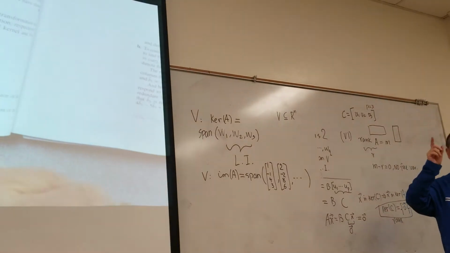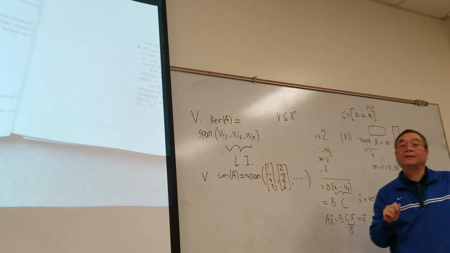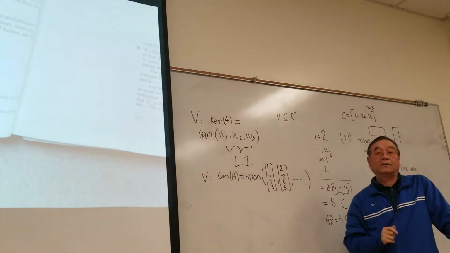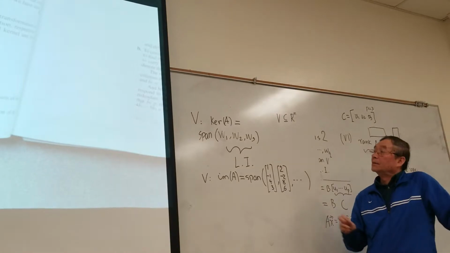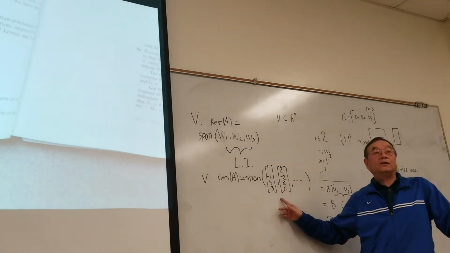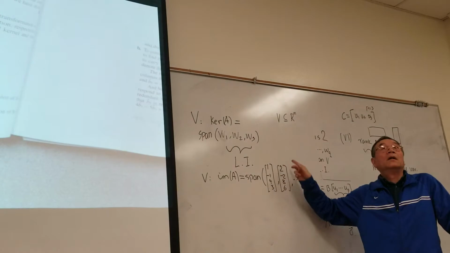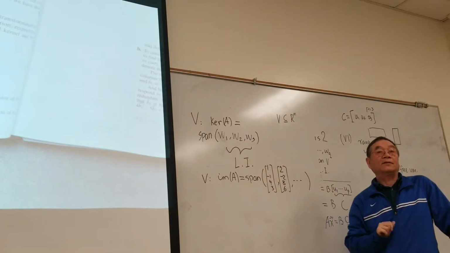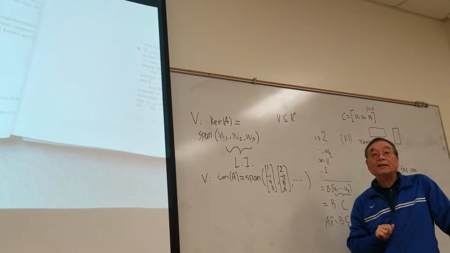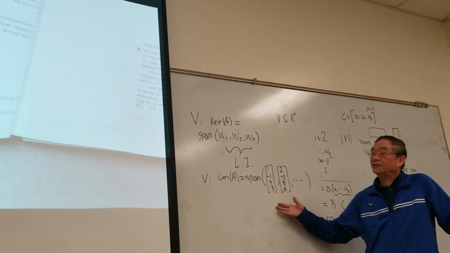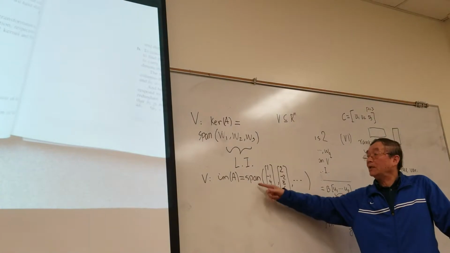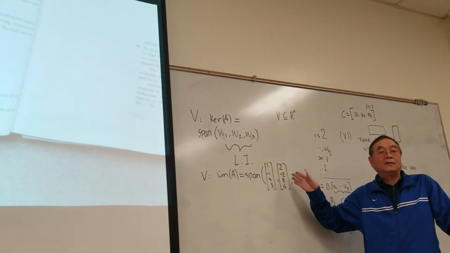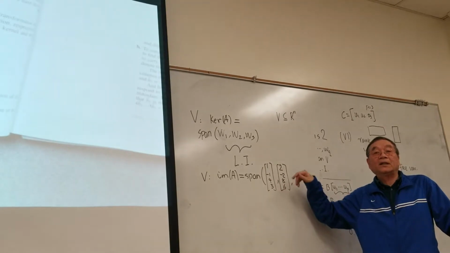Okay, so here comes the main point of this example and the first method. The image of A is spanned by the columns of A. But then it's not so easy to find the redundant ones. You see, the idea is still the same. We already find a spanning set, right? And then we want to find the redundant ones, then we can delete them.